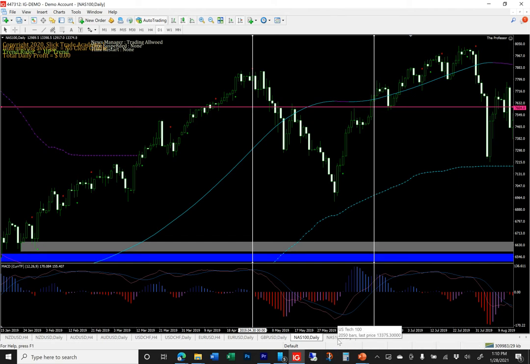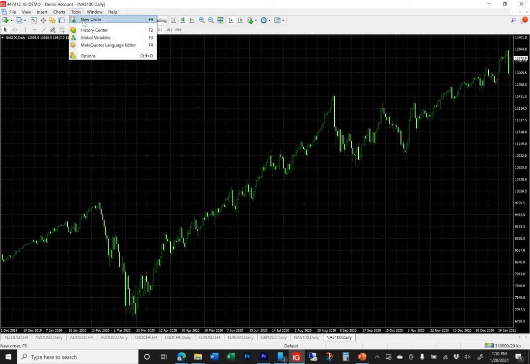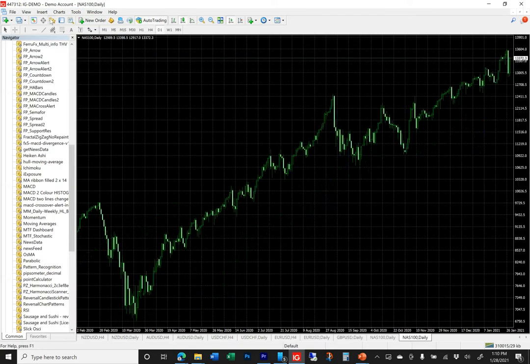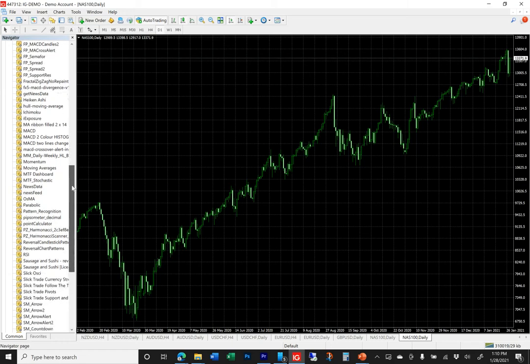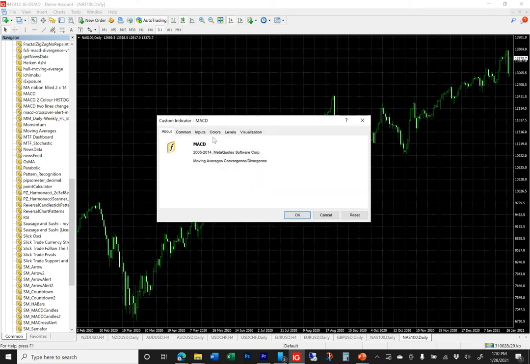So let's say you don't have any paid indicators. You don't have a setup that you use. You're new to trading. So let's look at some of the things that come with MetaTrader 4. Now, this is just a traditional MACD. It's not as nice as the other one that I had up.